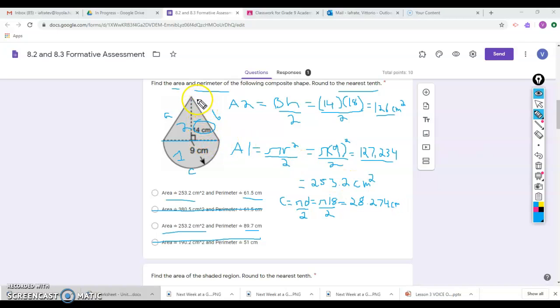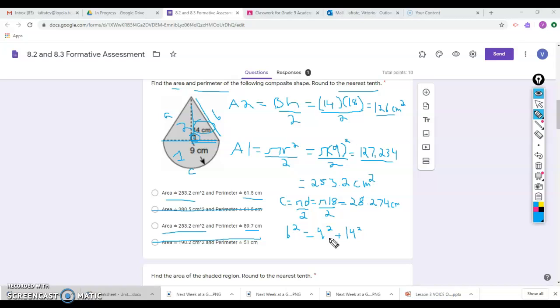We need to find the length of this side of the triangle, and you can use our good old theorem here. So we have this length here and this length here. We can find our hypotenuse by simply doing, so b squared is equal to 9 squared plus 14 squared. And then you can find b by doing the square root of that.